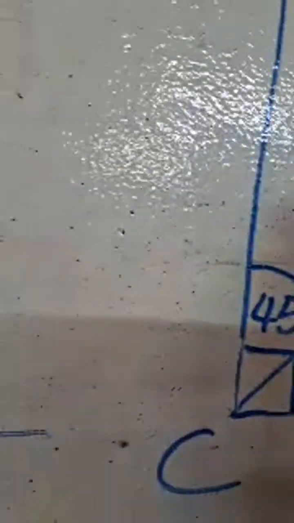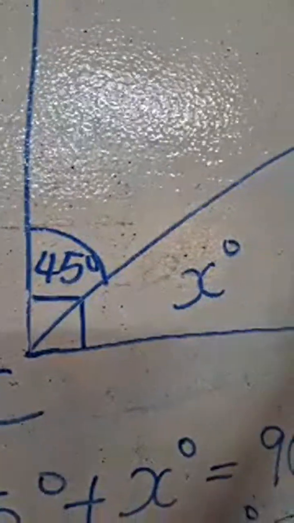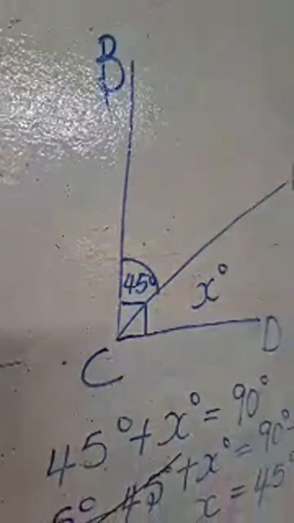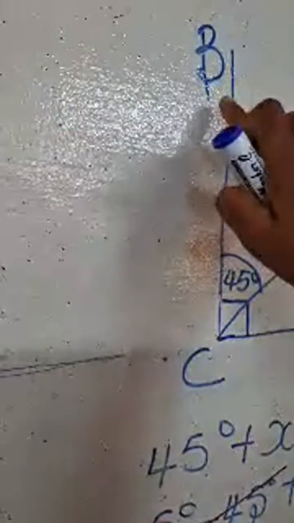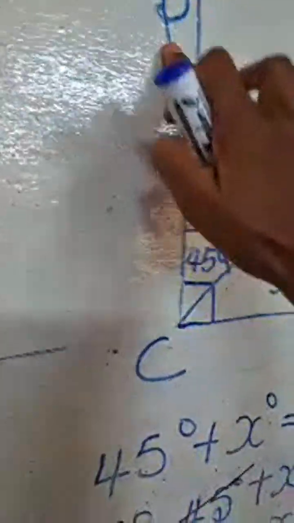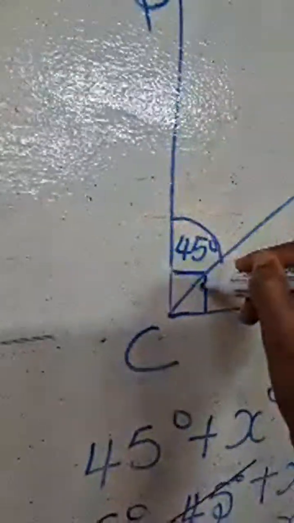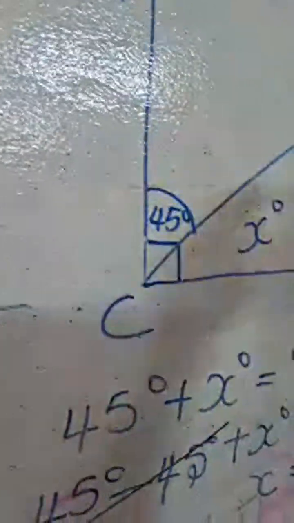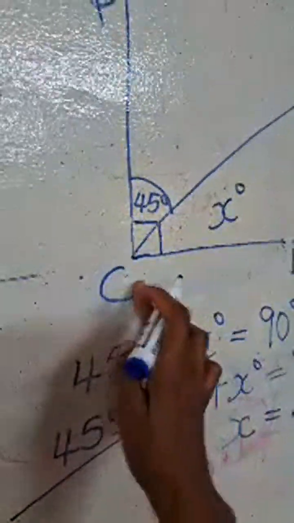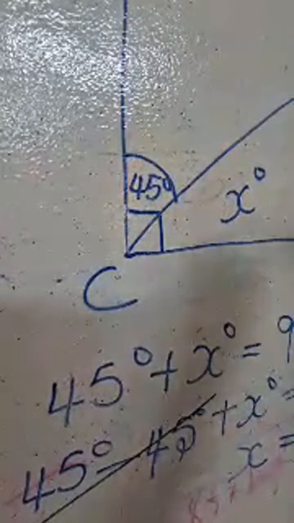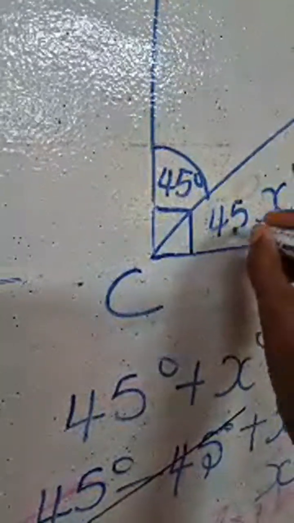So right here, let me put W right here. We know that angle BCW, which is right inside here, is 45. And angle WCD is equal to 45 as well.